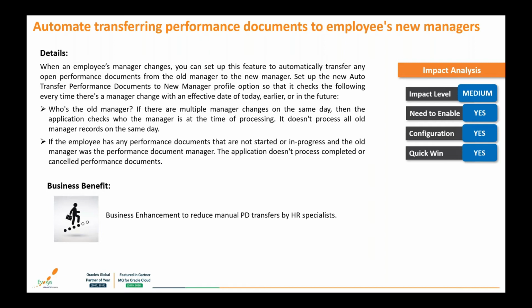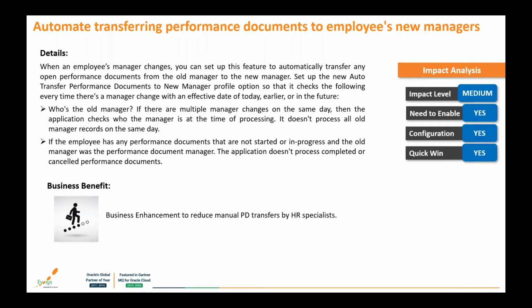Once we run the process, whoever is the manager at that time gets it. If it runs in the afternoon, the manager was manager B, so the change happens from manager A to manager B. If the process runs at the end of the day, the new manager is manager C, so the performance document manager change happens from manager A directly to manager C, rather than going via B. This is one consideration we have to keep in mind.